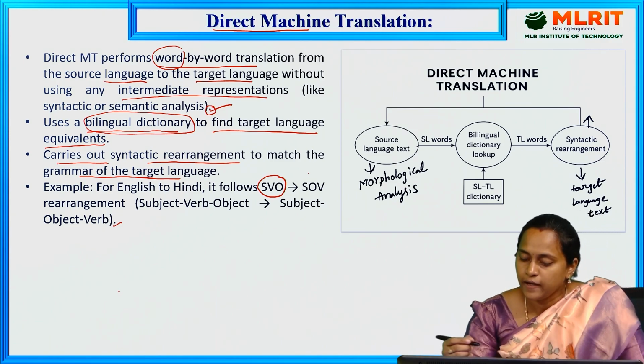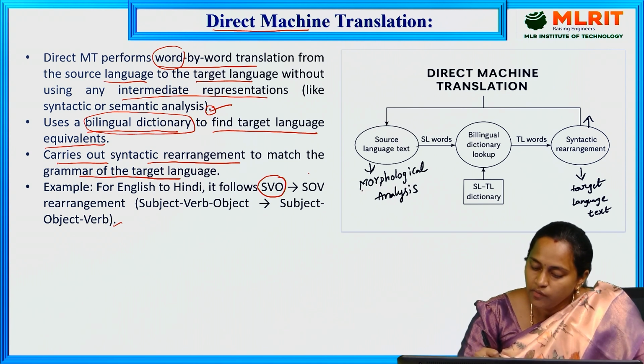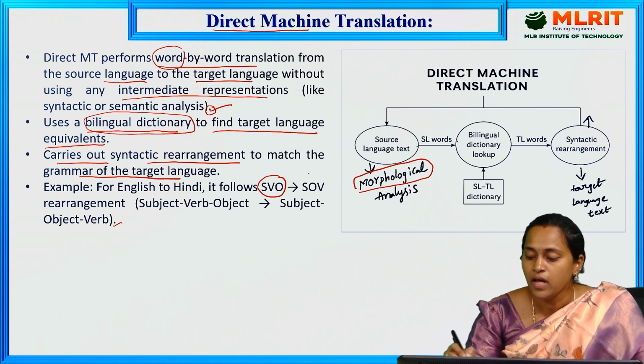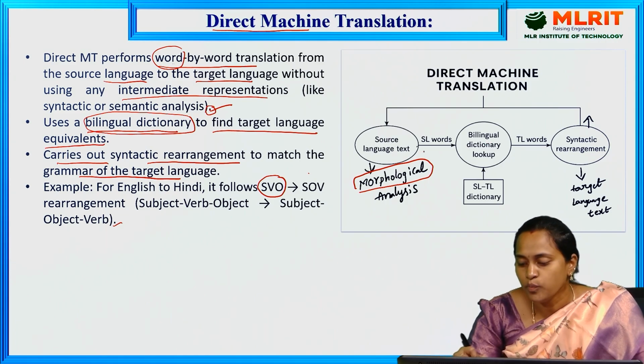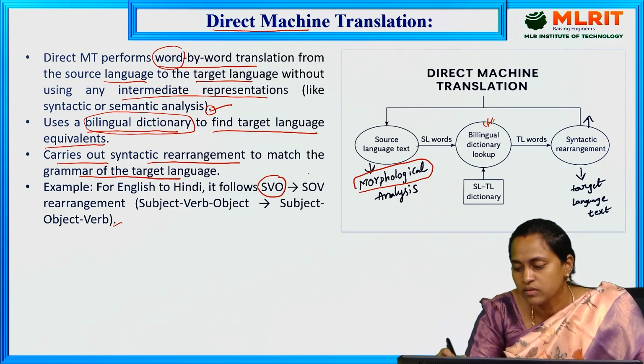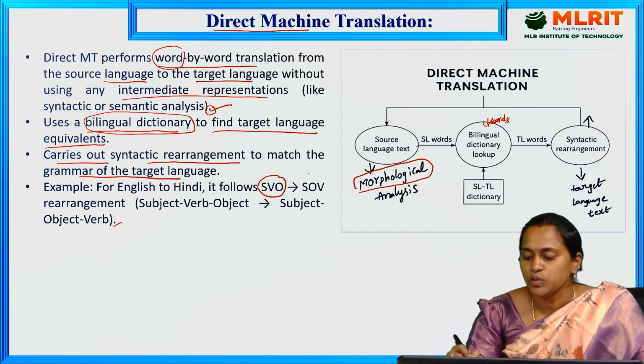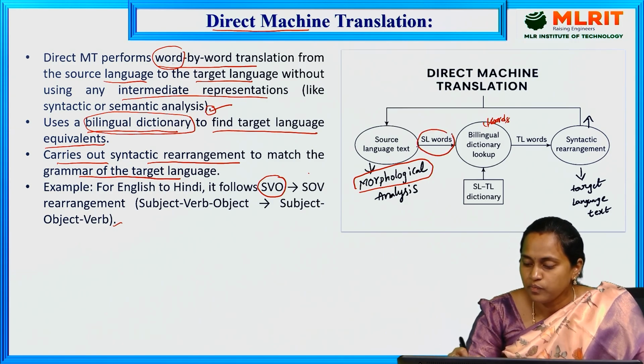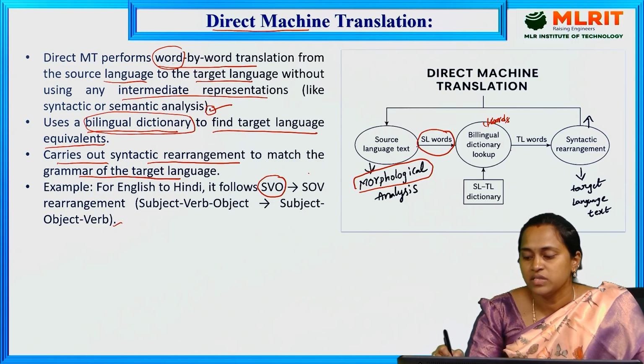Let's see the diagram. Here, first we have to do the morphological analysis. That means word to word analysis is required. After that, we move to the bilingual dictionary lookup step. That means a source language to target language dictionary, which contains a list of words, a dataset or database. So source language words go directly to the bilingual dictionary.